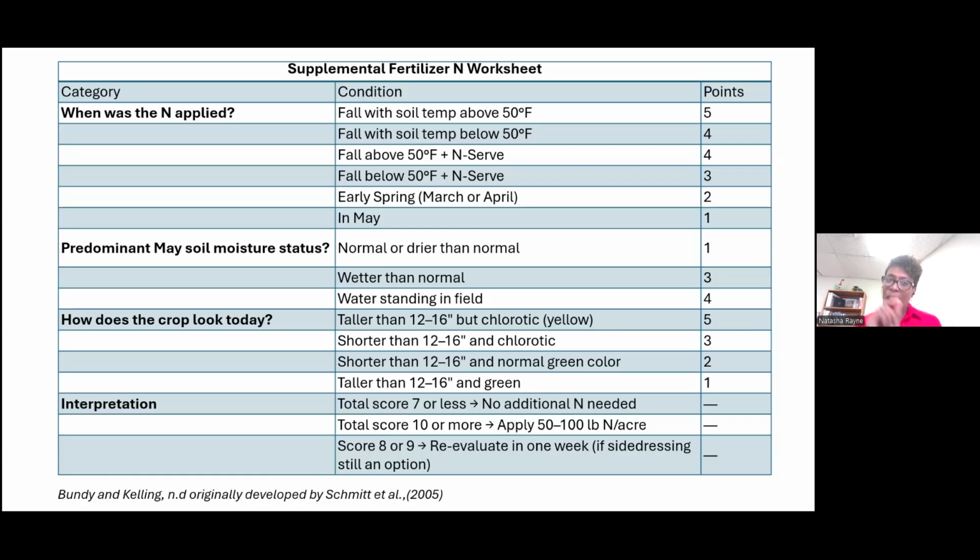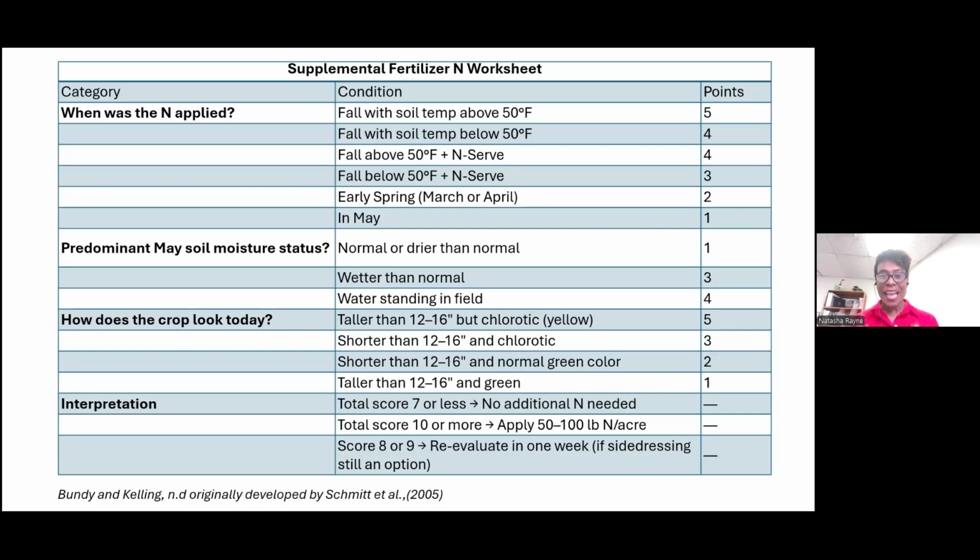The point here is the type of questions that are being asked. If you look carefully, the questions have to do with things like temperature, moisture, and how the crop looks, so the appearance of the crop. Based on that, together they look at this and come to an interpretation.